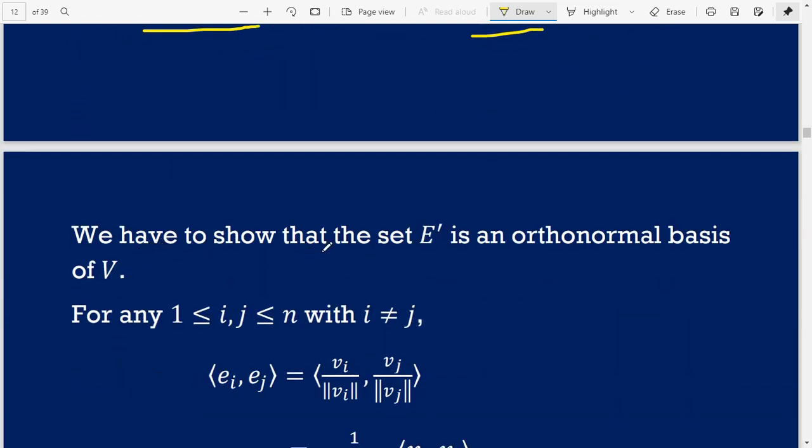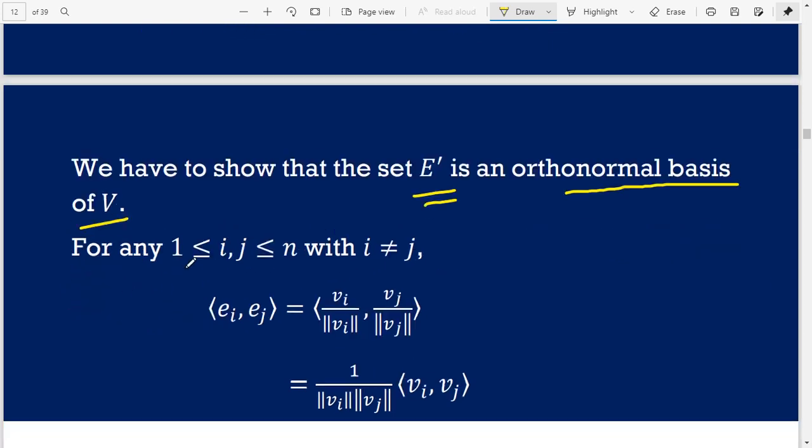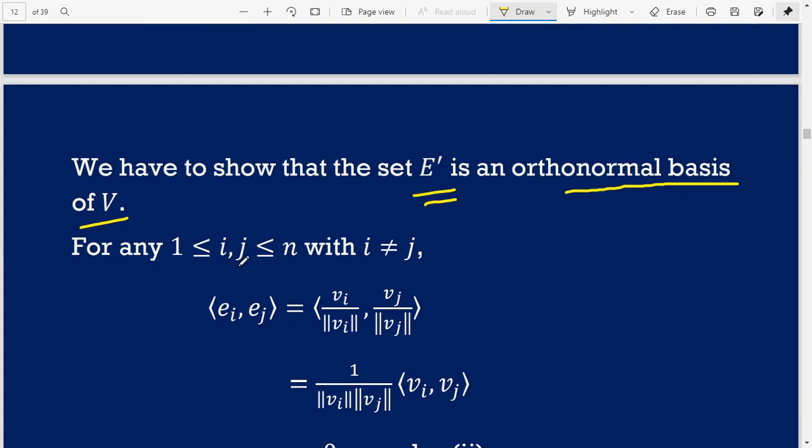So we have to show that this set E dash is an orthonormal basis of V. For any i and j with i not equal to j, inner product Ei with Ej is equal to inner product Vi upon norm Vi with Vj upon norm Vj.